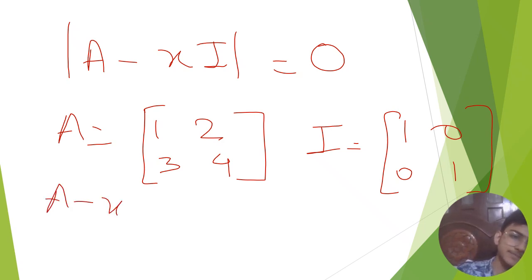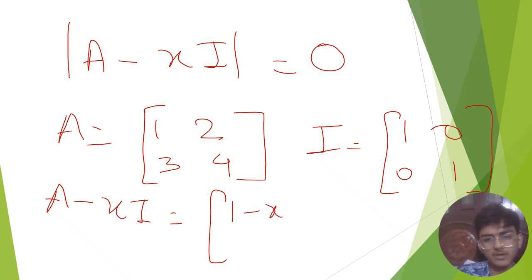Now talking about A minus xI, let's calculate this. A minus xI looks like 1 minus x, 2, 3, 4 minus x. Here we also consider the zeros, so the matrix xI is x 0 0 x.